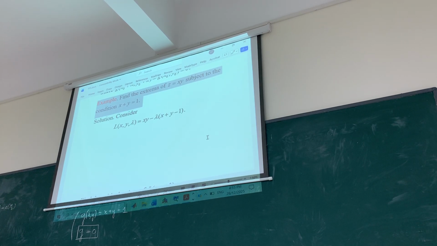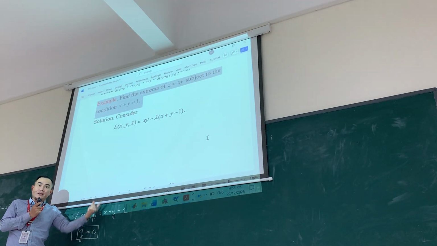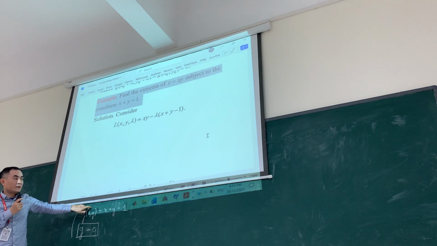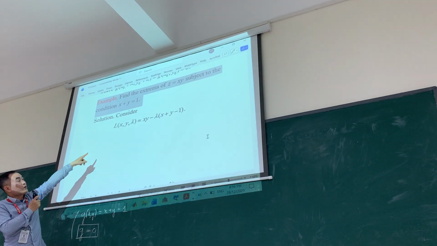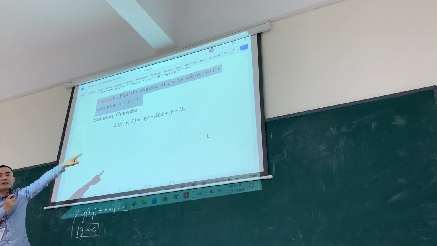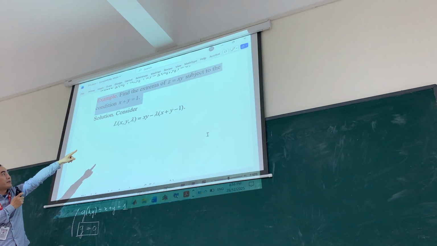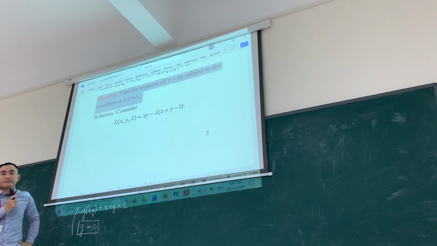Okay, in this example the constraint function g is x plus y minus 1. We consider the Lagrange function L equal to f minus lambda g. That means L(x, y, lambda) is equal to xy minus lambda times (x plus y minus 1).